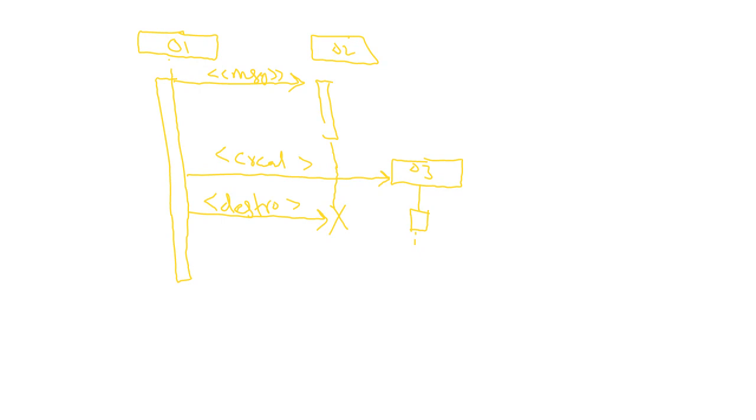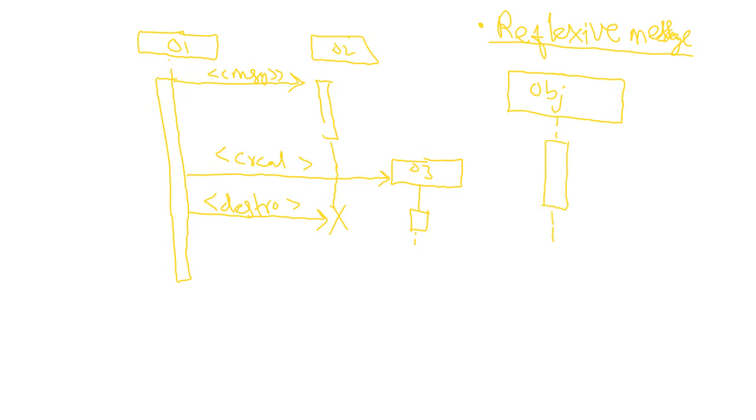Okay. So in arrows we have seen the synchronous message, asynchronous message, return message, creation message, and destroy message, right? And there is one more called the reflexive message. What is a reflexive message? Sometimes in a sequence diagram, you will have an object and you will see the activation bar, and you will see an arrow like this.